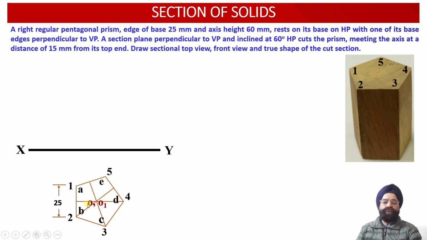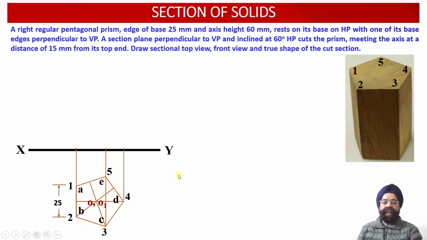Wherever these 3 projectors from 3 of the corners of the base intersect with each other, we obtain the axis points O and O1. The axis point O will lie corresponding to the top face of the axis, whereas axis point O1 will lie on the base of the axis.